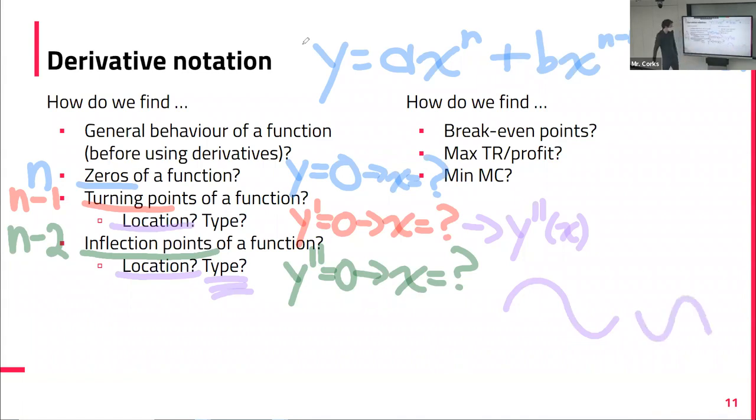To find out what type, we could do a third derivative test. But we don't really care. Honestly, I've never seen a textbook that teaches how to do that because it's just not really useful information.